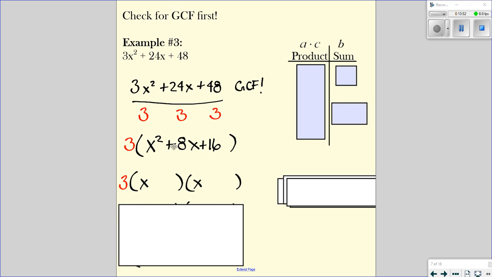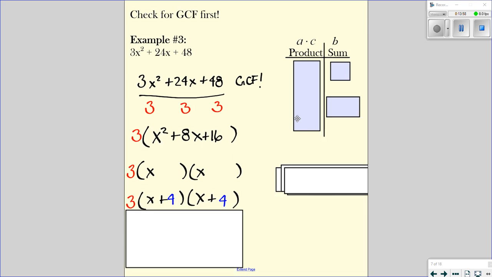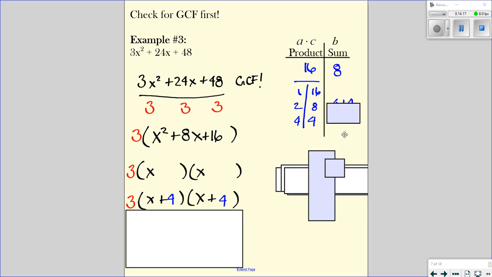Look at my signs. I'm starting with a plus. That means I'm keeping both of them as is. And then I find the product. Well, we already have the number there. So you find 16. Make sure you don't go to the original one. Go to what you went down to when you took the GCF out. So you find the factors, and then of course 4 and 4 gives you 8, and then you put it in, and then you have your answer.